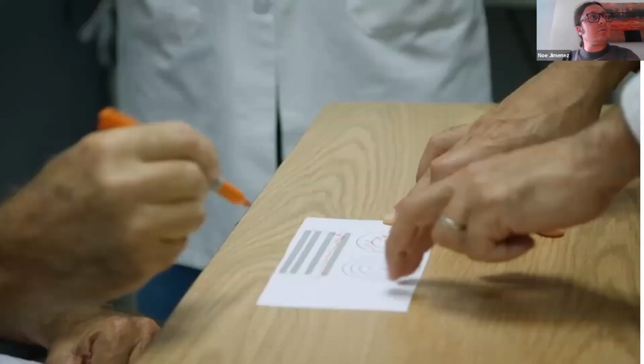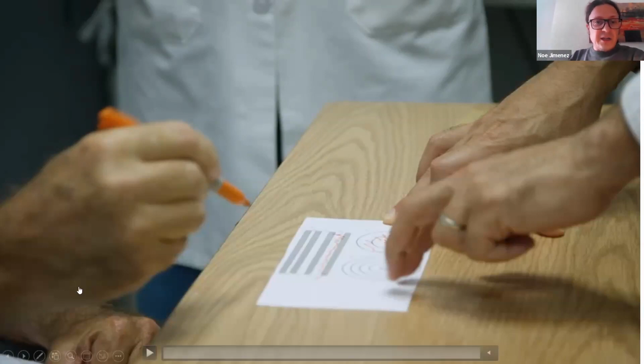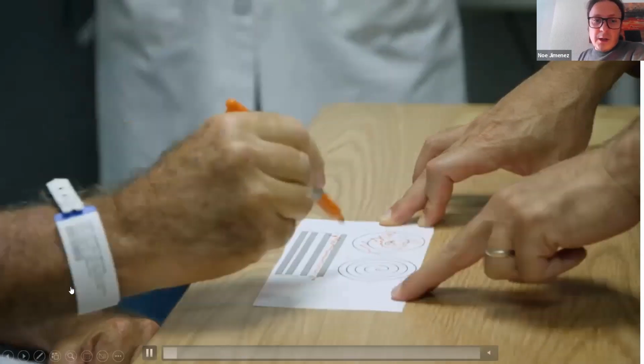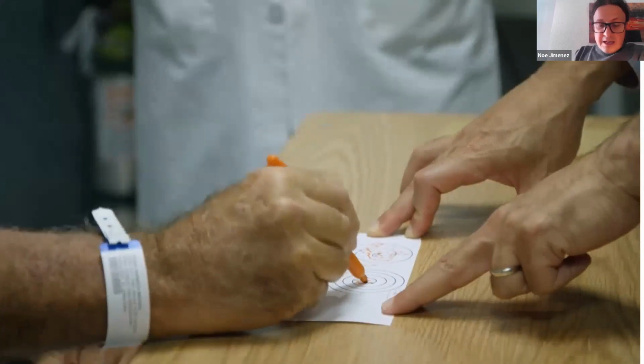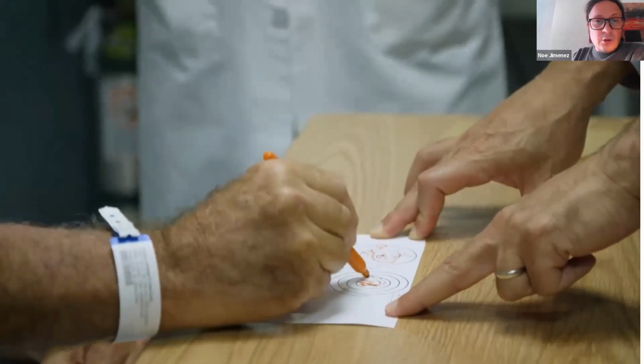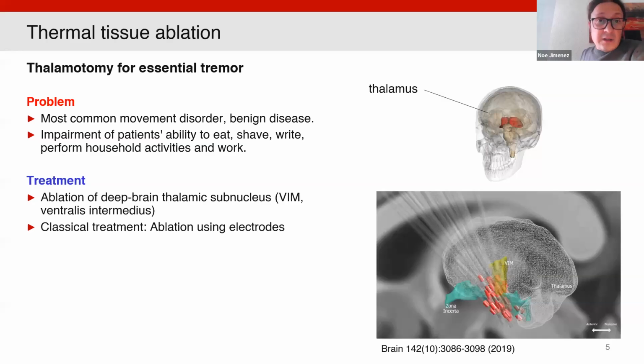Let me focus on several applications, just a couple of them, in order to get in context, also on neurological disorders. For example, this patient is suffering from an illness called essential tremor. Essential tremor is a motion disorder which is actually benign.